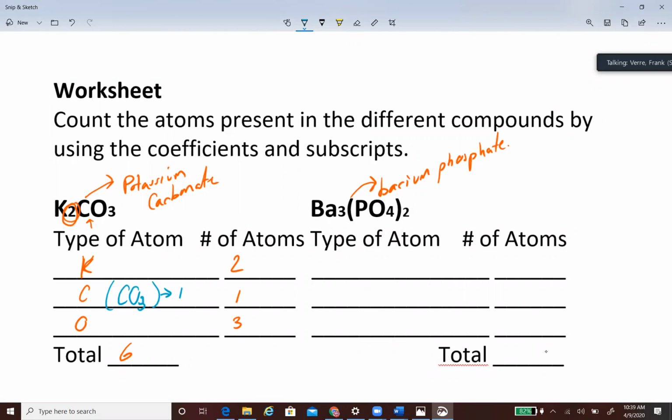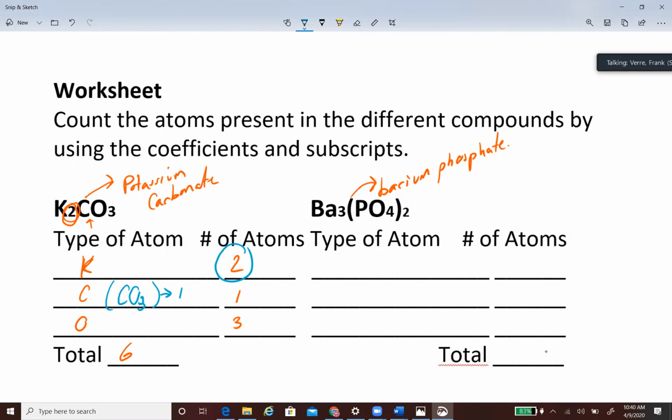You'll see what I mean by that when we get to the section on balancing. So we can think of it 2 ways. We can think of this as all of the atoms in the compound, so 2 potassium, 1 carbon, 3 oxygen, or we can say there's 2 potassium and there's 1 carbonate, okay?